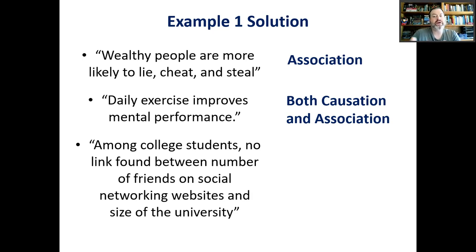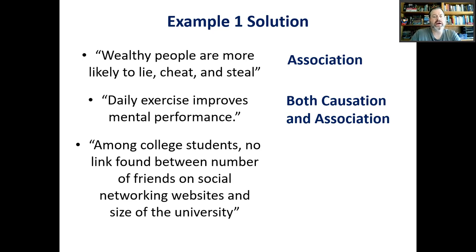Because it's a cause and effect relationship, it automatically is both causation and association. You cannot have causation without also having an association. So a causation is a special kind of association. Both of the first two bullets are association, but only the second one is causation.